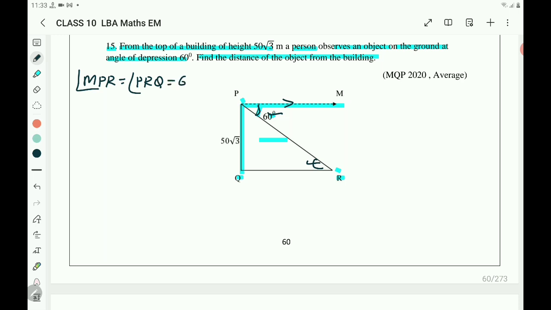Both of them are equals to 60 degree. Reason, they are the alternate angles made by the transversal of PM parallel to QR.